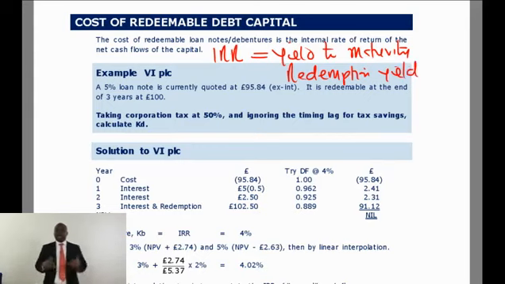All of them are alternative names for internal rate of return. So if I have to calculate the cost of the debt, I ask, is it redeemable or irredeemable? If it's redeemable, I need the internal rate of return. If it's irredeemable, I need net interest divided by X interest market price multiplied by 100%.